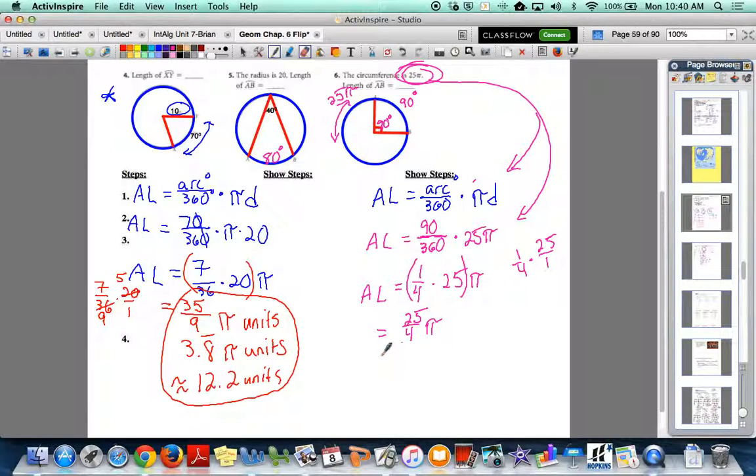And then as a decimal, of course, if you take 25 divided by 4, that would be 6.25 pi units, by the way, in this case. And if I wanted to get a final rounded answer and multiply through by pi, then I would get, let's see, 6.25 times pi is approximately 19.6 units.